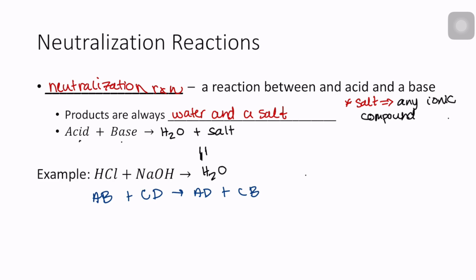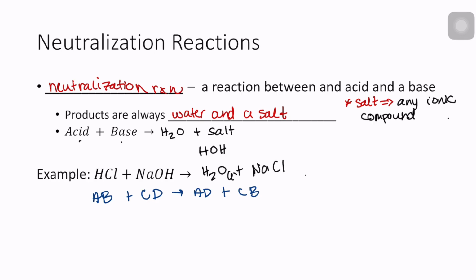Realize that HOH is the same thing as H2O plus the leftover salt. So after I take hydrogen away, I'm left with chloride. After I take hydroxide away, I'm left with sodium. So the cation that is left over is sodium, and the anion that is left over is chloride. Now, sodium is +1, chloride is -1, so this is charge neutral as I have it written.